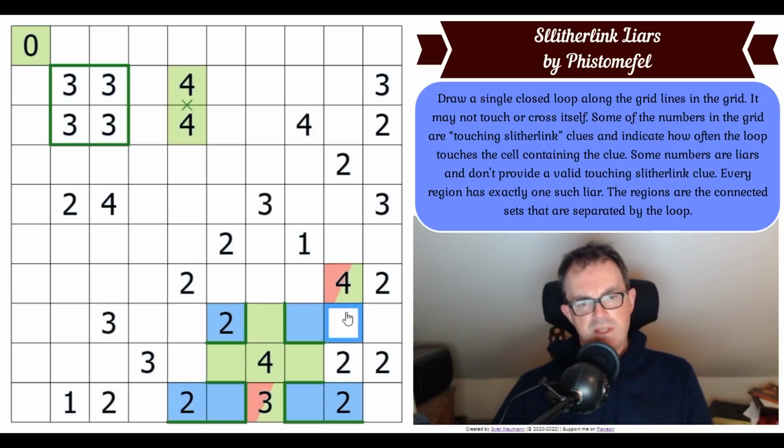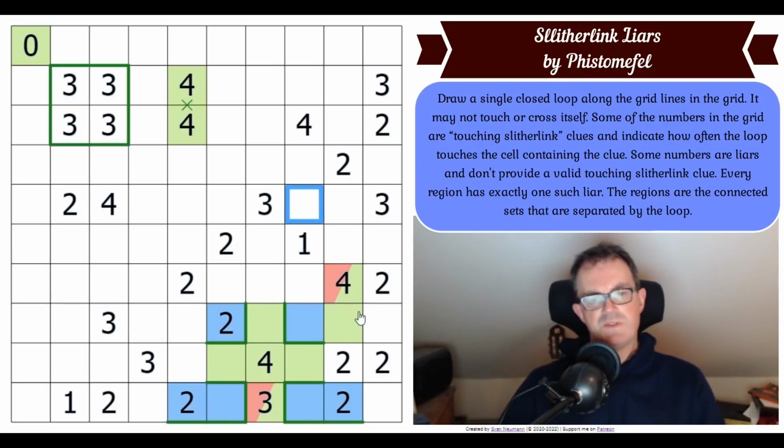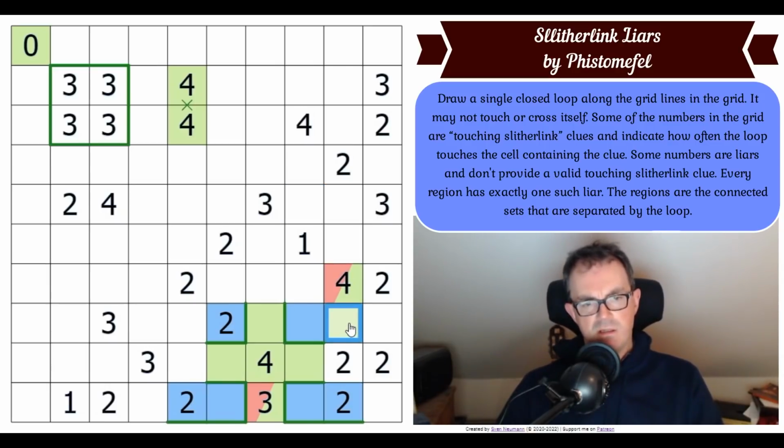Right, so that cell can't be green, I want to say. I don't know if that's quite correct, but I think it is. And that's because if this is green, it's connected to this region, and that's already got an incorrect clue in it. Because this is touching, isn't it, at a point.